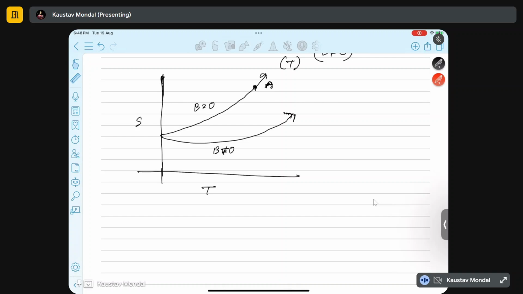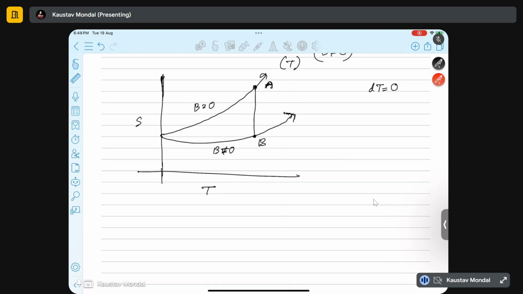Isothermal means the change in temperature would be zero, so dT will be zero in this case. If you do the isothermal magnetization from state A to state B, the change in temperature will be zero, but the system will be magnetized. So it will shift from point A to point B like this, right?